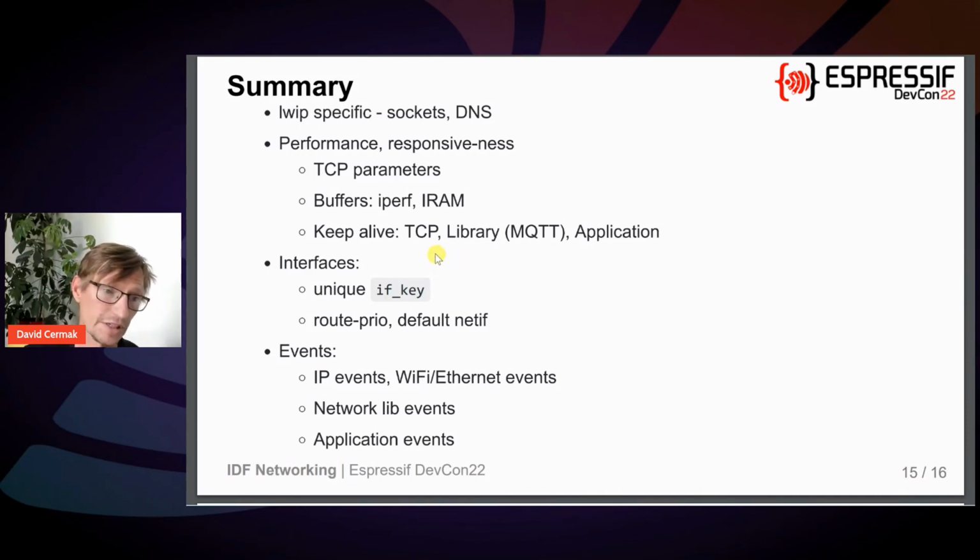About interfaces, we said that this interface key needs to be unique, and we need to be aware of the routing priority and the default network interface. In IDF now, ESP NetIF provides an API to actually override the default NetIF and set it directly, not based on the routing priority.